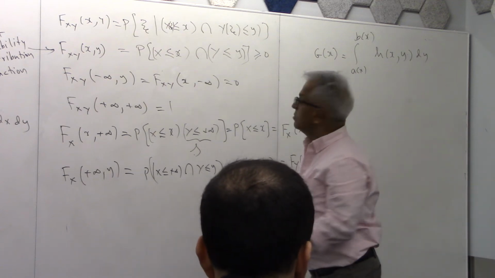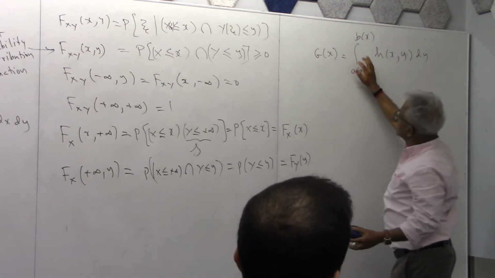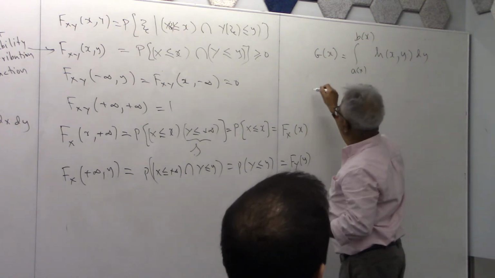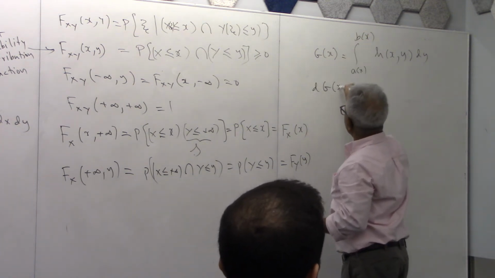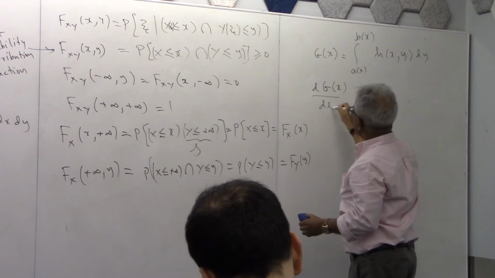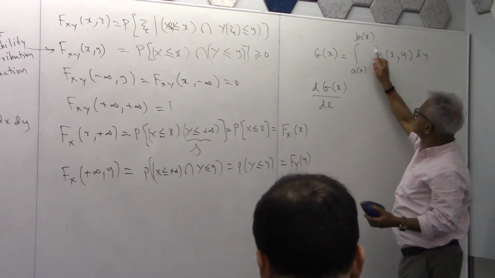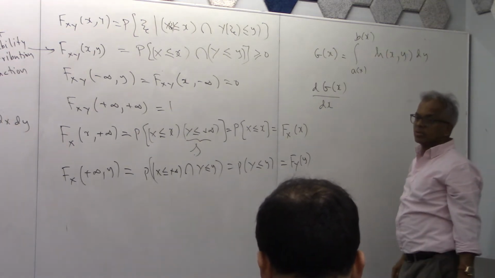The interesting thing is, of course, if this is constant, and we want to take the derivative of g with respect to x, it is easy, just the derivative of this with respect to x.